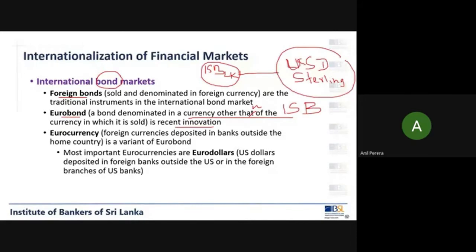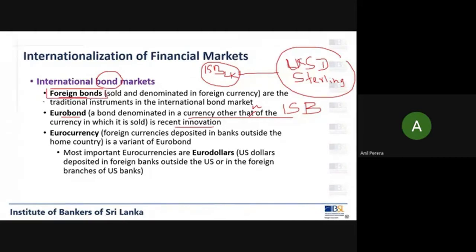For example, our Sri Lankan international sovereign bonds are sold and traded in Singapore markets, European markets, American markets. Likewise, they are sold in foreign territories. Now, a foreign bond can even be sold here in foreign currency.